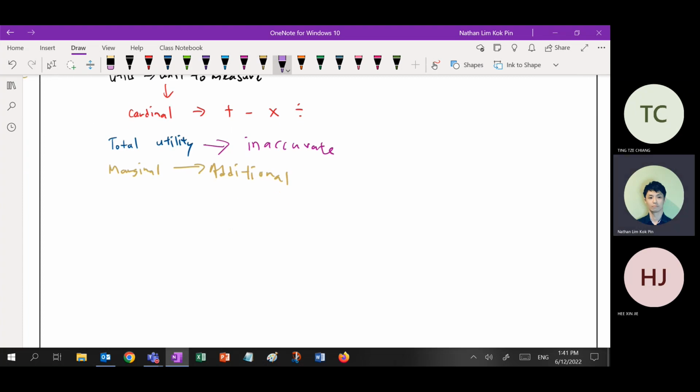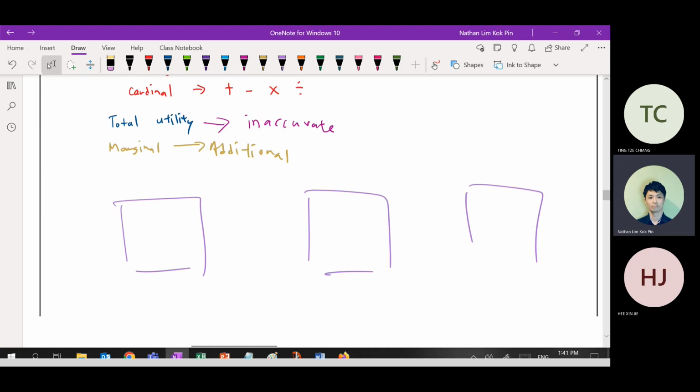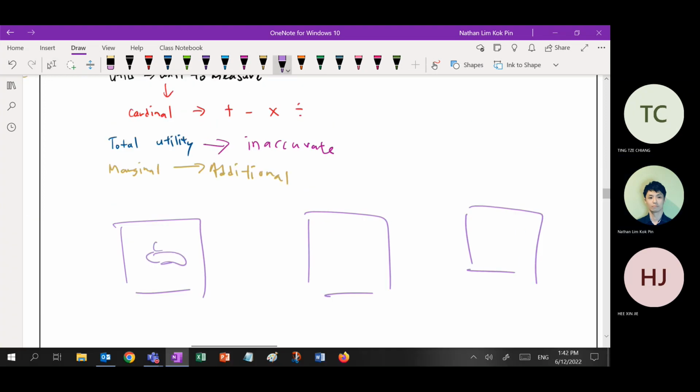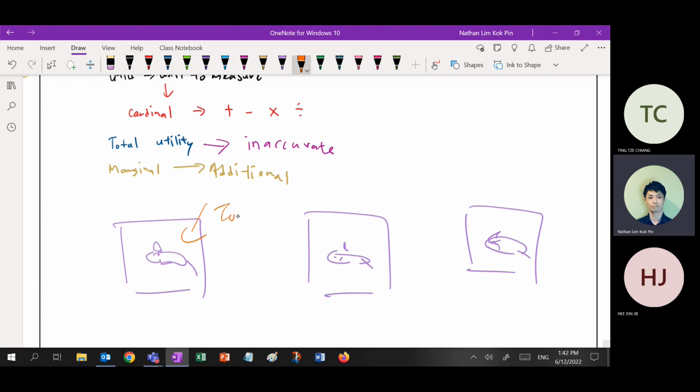I also showed it in session 1 before, right? Imagine this is the box for rats. You know lab rats, right? We use rats to test our vaccine and so on. We don't inject the total.